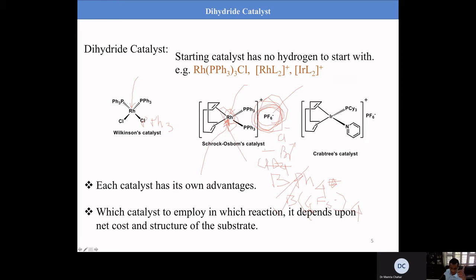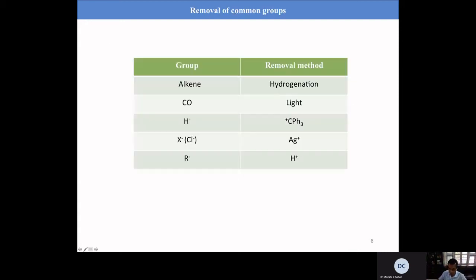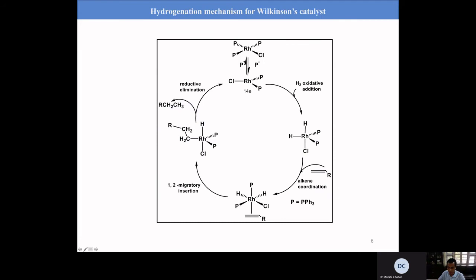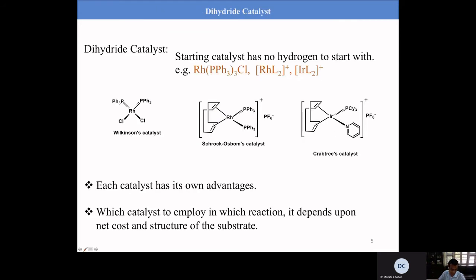Readily availability and the cost of the counter anion matter. For example, B(C6F5)4, or the boron one with the big 3,5-bis(trifluoromethyl) groups, I'm not drawing it properly. It's called BARF, whatever it is, the big counter anion, boron tetra-substituted one. Those are very expensive, prohibitively expensive, even much more expensive than the rhodium or iridium itself.